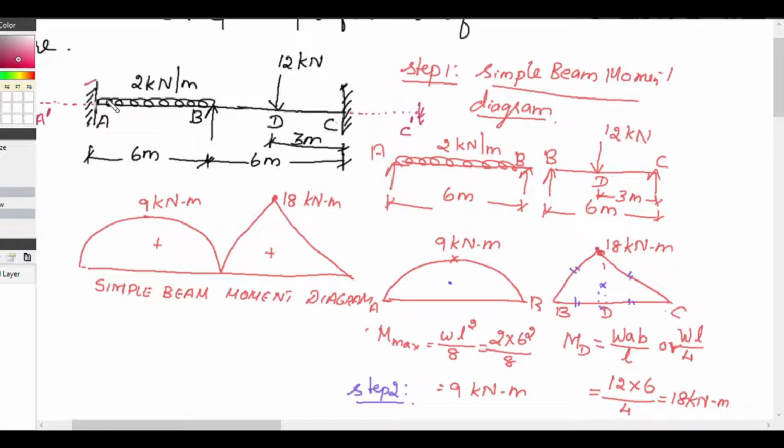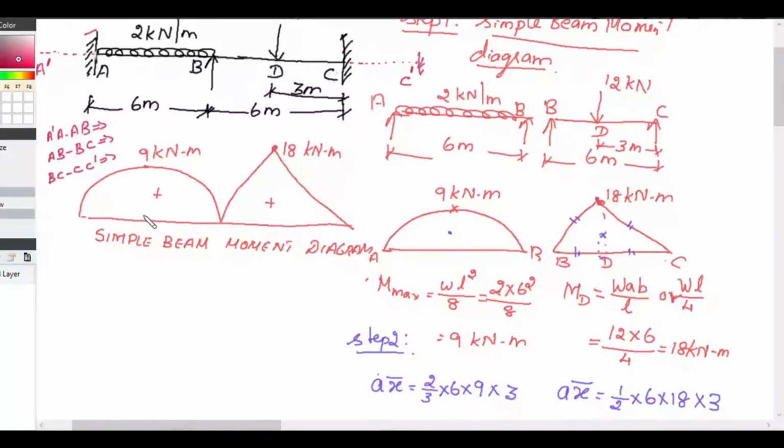Now our first set of equation is by considering the span A dash A, AB, we will get one equation. Then the second set of span is AB, BC, we will get the second equation. The third set of span is BC, CC dash, we will get the third equation. So solving the three equations, we will get the three unknowns, the moments.